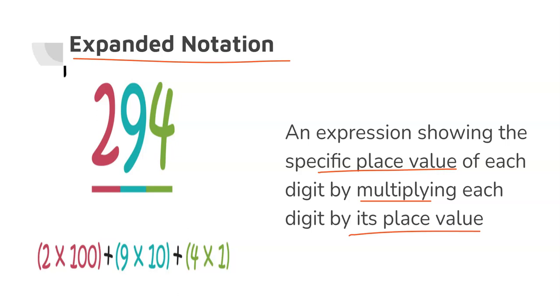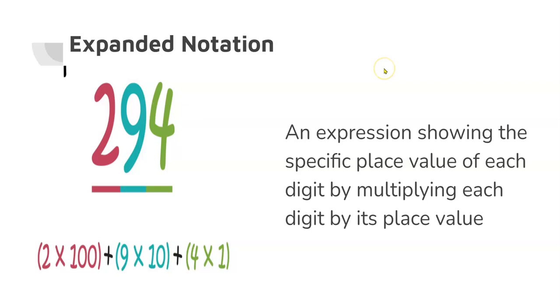Then I have 9 in my tens place, so I'm going to put down 9 times 10, or 9 copies of 10. And then I have 4 in my ones place, so I'm going to express that as 4 times 1, or 4 copies of 1. We're going to do a little more practice with this in our lesson, but here's a general overview of what is expanded notation.